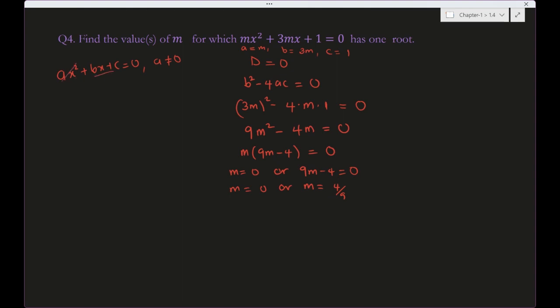It will be reduced to a linear equation. So for that reason, we have to reject m equals 0. As you can see, this m is also the coefficient of x squared. So this has to be rejected. So the only solution here is m equals 4 over 9.